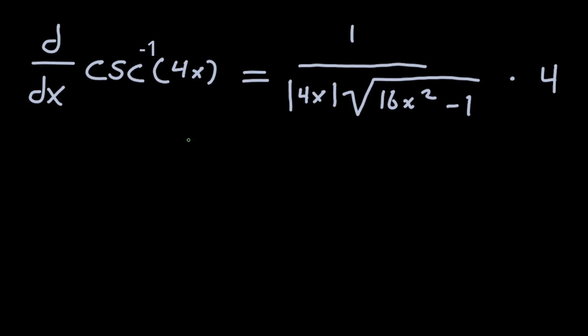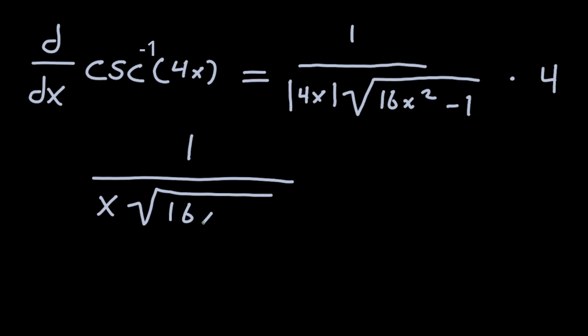And this simplifies to 1 over x times square root of 16x squared minus 1. Alright. And that's your final answer. Let's do one more.